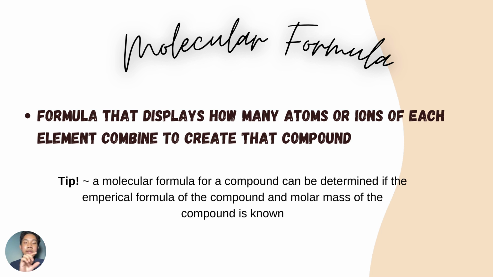The subscripts in that formula are the real number of atoms that are required to build that compound, right? It's not the simplest whole number ratio. It is the real number that is needed to create that particular compound, right?